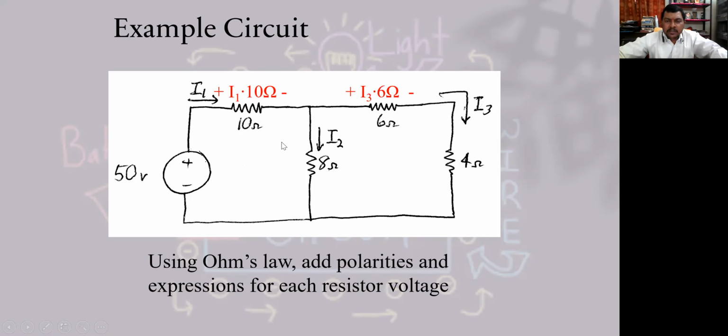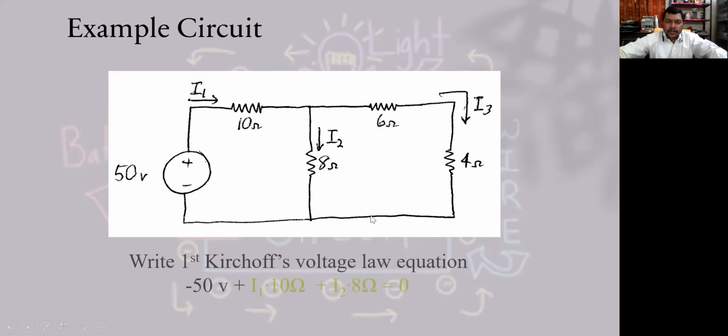Then I3 into 6 ohms and I3 into 4 ohms, and this is I2 into 8 ohms. So this plus this plus this should be equal to the source. This is how we can write an equation by taking Kirchhoff's voltage law in this loop only.